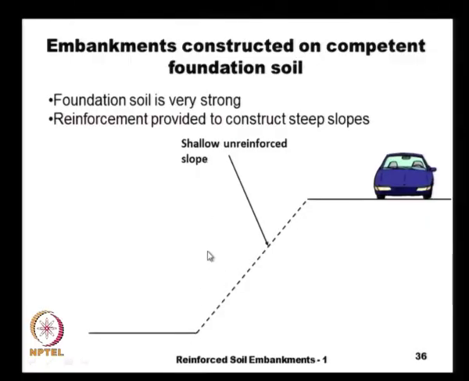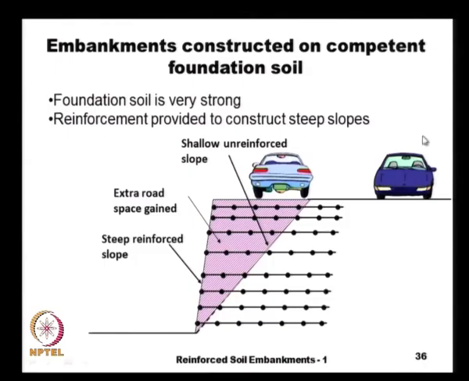we cannot do it, because the frictional strength and the cohesive strength are not high enough to support a steep angle. In that case, we can provide some layers of reinforcement like this, and we can either say that we get extra space for our road, or if your line of property is only up to here, from here we can construct a very steep slope, and then finish our construction without acquiring any land.